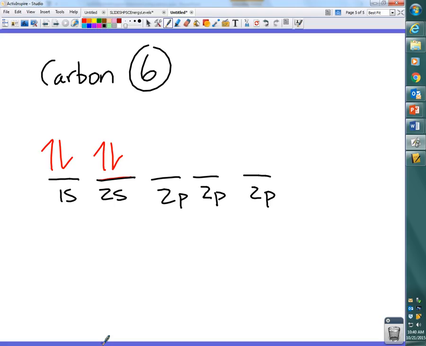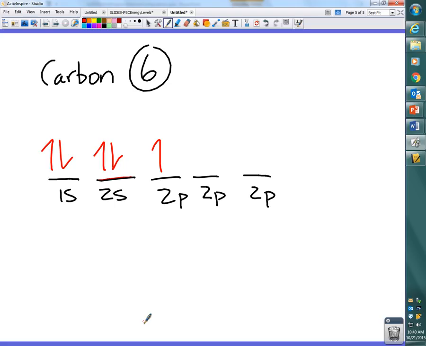6 total, okay? However, we talked about what do electrons look to do to each other? Repel each other. So number 5 is going to go here. Even though this orbital can technically hold another electron, will the 6th electron go there with it?